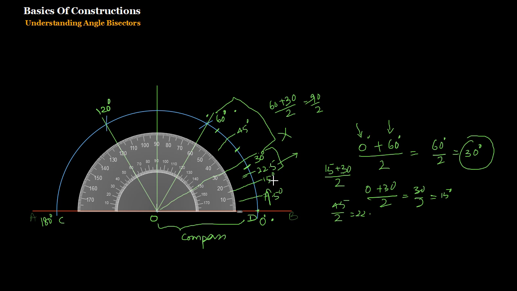But if I want to bisect 22.5 and 15, 15 plus 22.5 is 37.5, divided by 2 gives me 18.75. It's a little difficult to read, though you can bisect and draw the line from O, because now the decimal places are getting too deep.